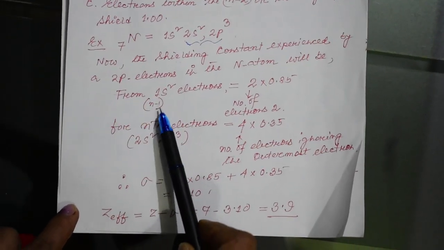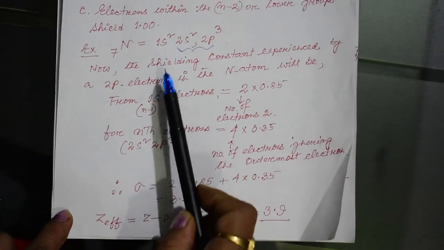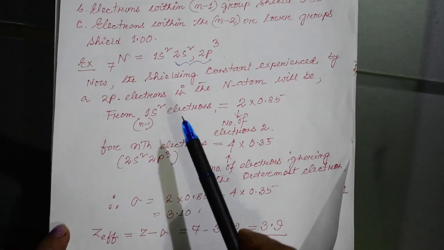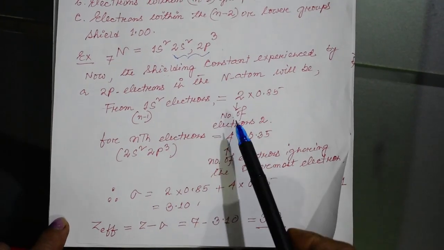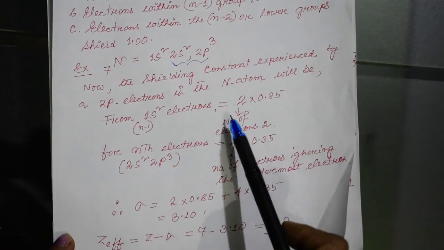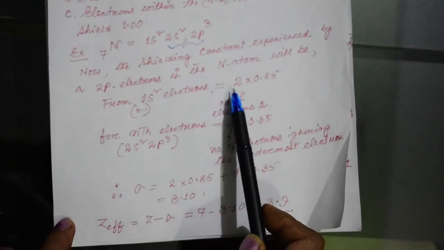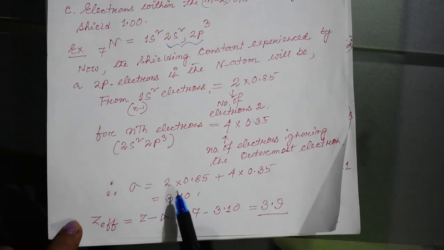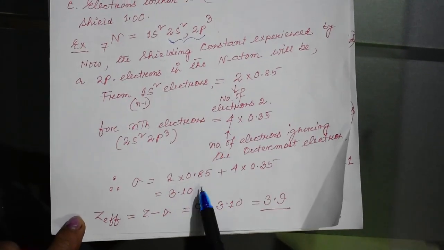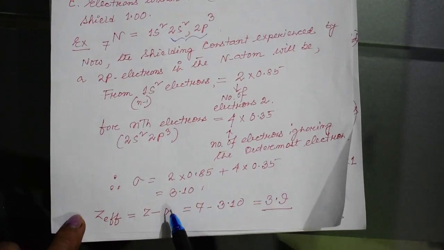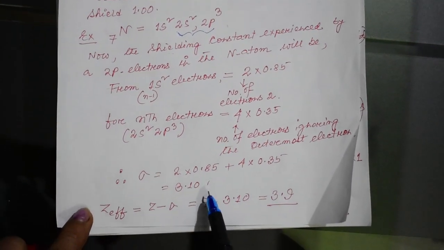Next, for the n-1 shell, that means for the 1s2 electrons, the contribution towards the screening constant will be, as I mentioned earlier, 2 into 0.85, because there are 2 electrons in the 1s orbital. The total screening constant value will be 2 into 0.85 plus 4 into 0.35. The result will be 3.10.